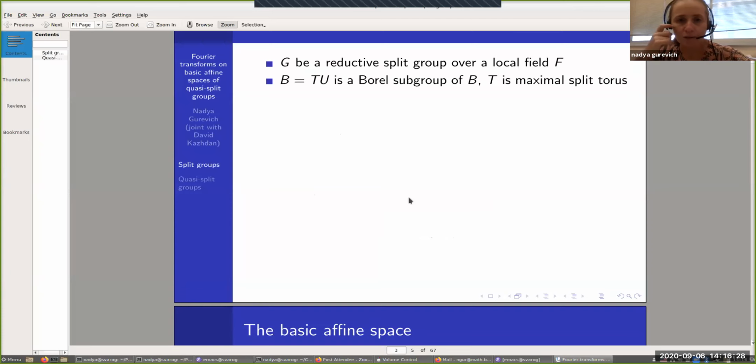Such a group always admits a Borel subgroup, which in the case of GL_n is just the upper triangular matrices, with a natural decomposition as a semi-direct product of the unipotent radical U and the maximal split torus T.